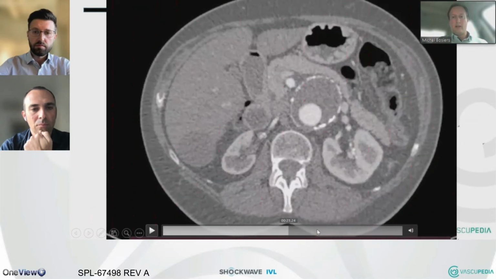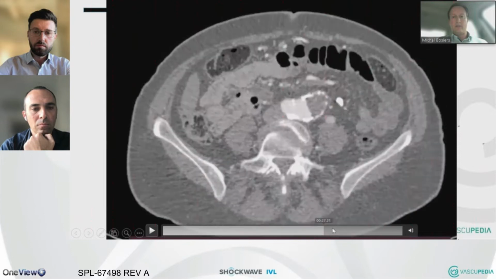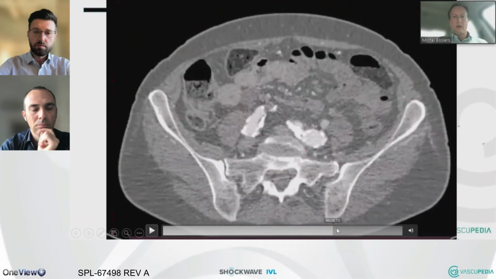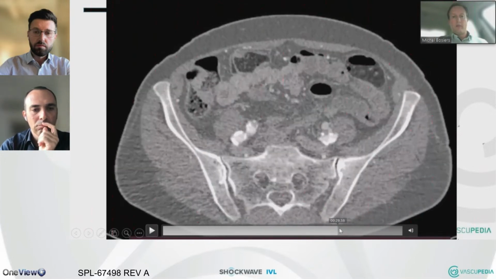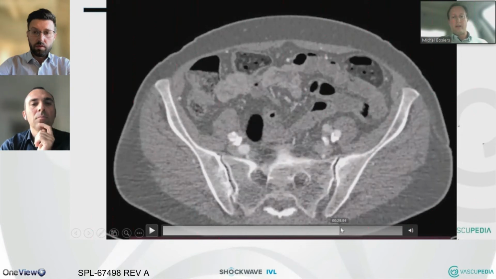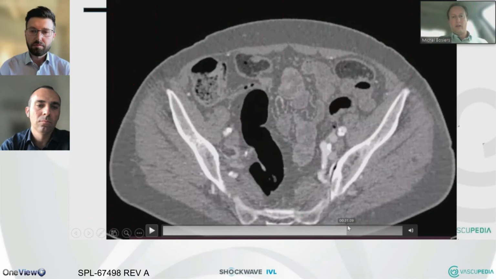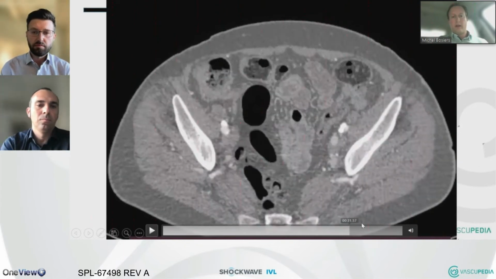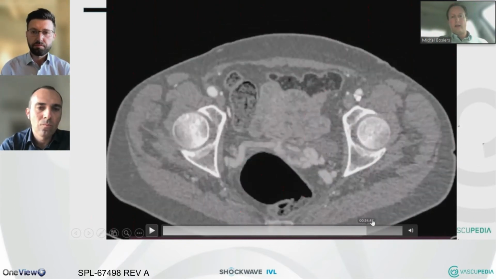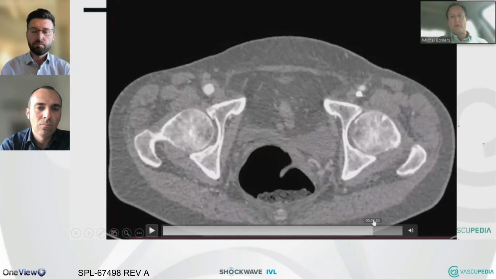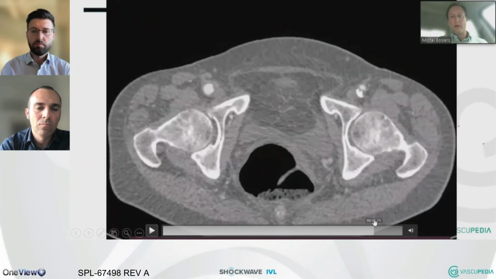And then first have a look at the right side. Common iliac artery seems okay, but the external is massively calcified, stenotic, massive calcium burden, especially here on this part, with a nice common femoral artery, which underwent previous endarterectomy.